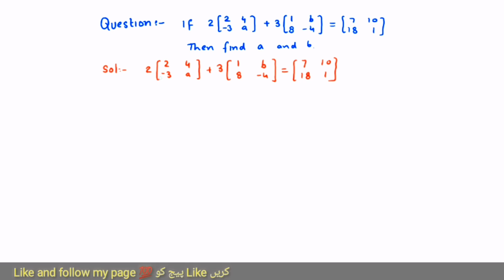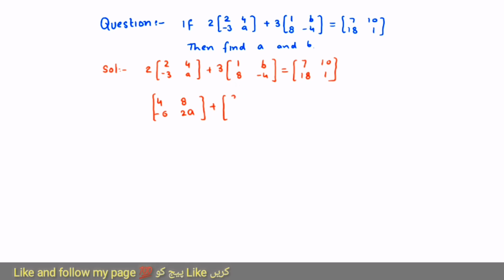We will solve the left hand side and multiply 2 with each element. We will get 2 multiplied by 2 is 4, 2 multiplied by 4 is 8, minus 6, and 2A, plus 3 is multiplied by each element.